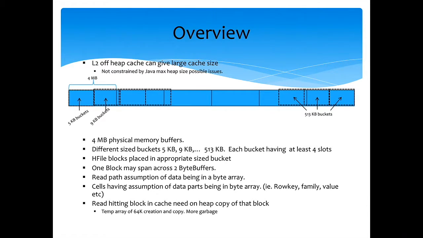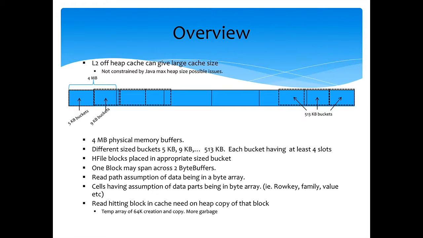And another thing is, as we know, we have cells. We got rid of KeyValue from 0.96 onwards. We have cells, but still the cell expects each of its fragments, like the row key or family, to be in an on-heap byte array, because all the getters we have, say getRowArray, getValueArray, are all returning byte arrays.